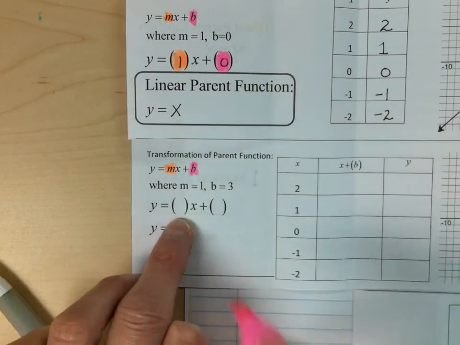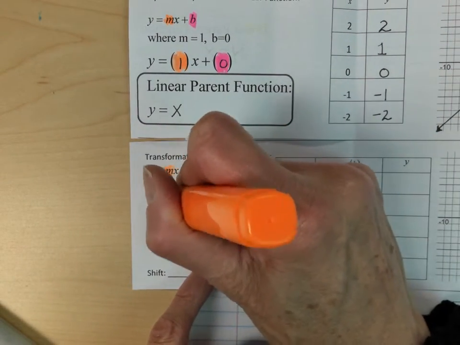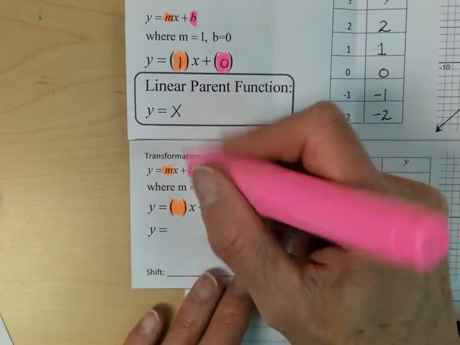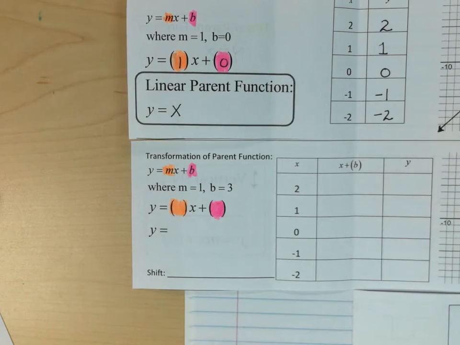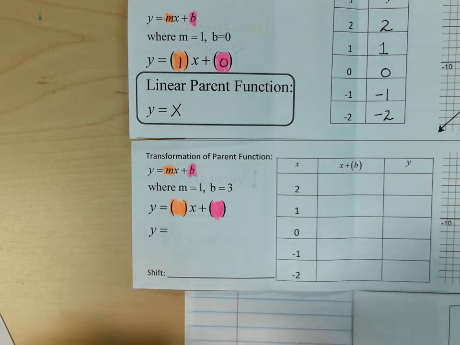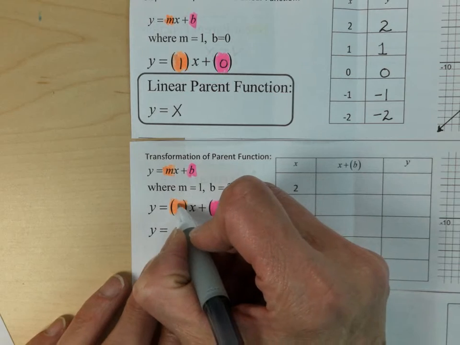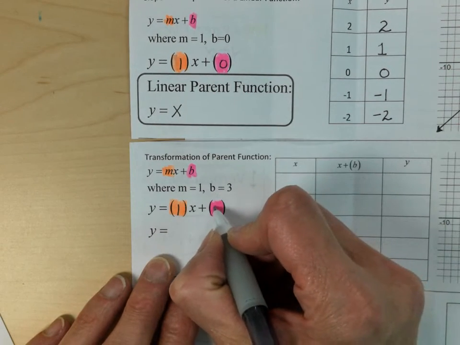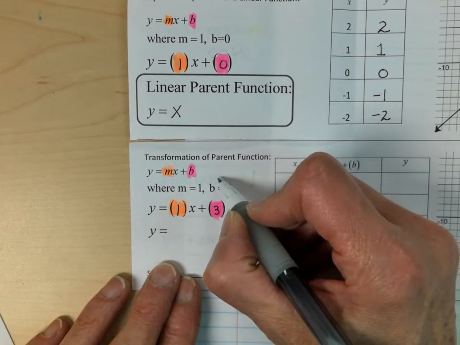So notice I have something times x, so this has to be where my slope goes because it's being multiplied to x, and this has to be my constant or my number because it's being added to that x term. So this is telling me that my slope is 1, so I'm going to put the number 1 here, and my y-intercept is 3.